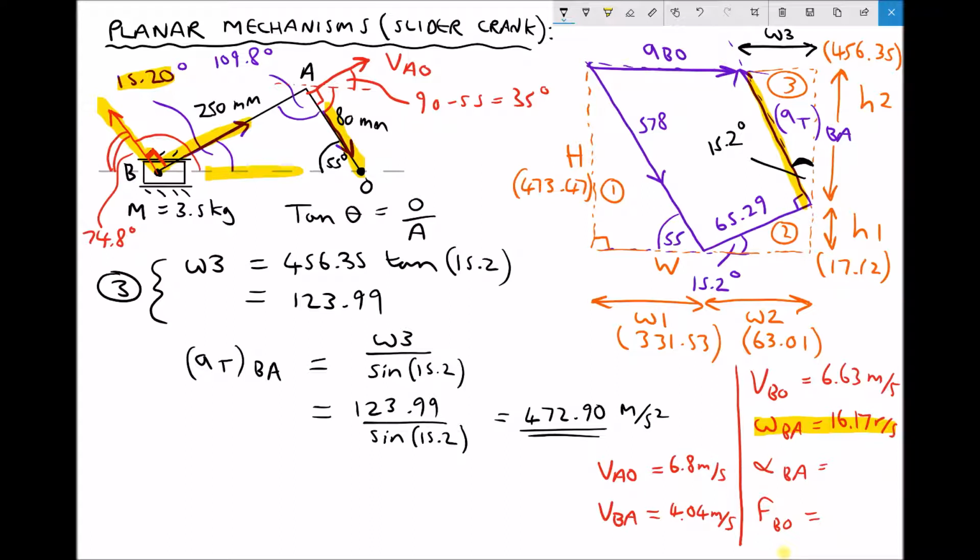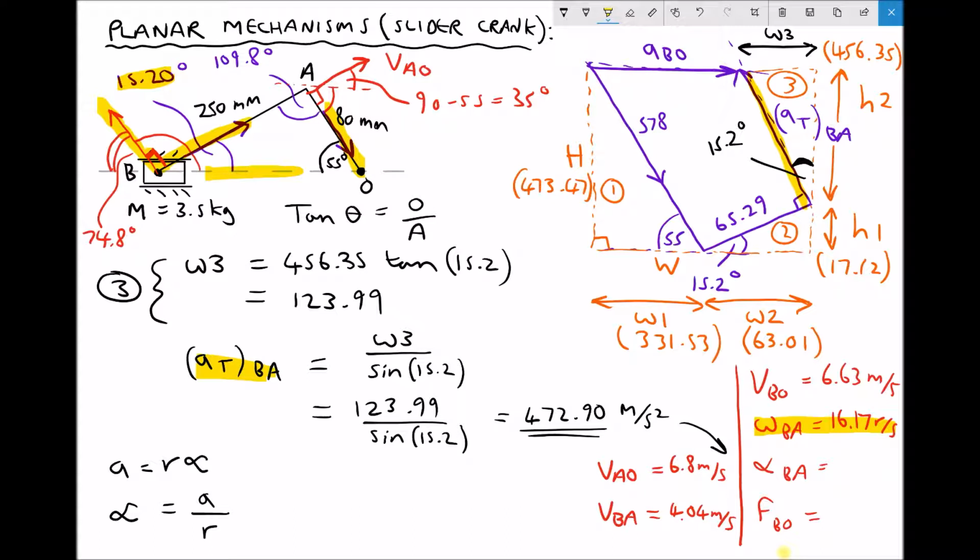But we don't want the linear acceleration of B relative to A, we want the angular acceleration. And there's a relatively straightforward formula to convert between linear and angular acceleration. A equals R alpha. But we're trying to find alpha, the angular acceleration, which is just A over R. So the linear acceleration that we need to use to determine an angular acceleration is always going to be the tangential linear acceleration.